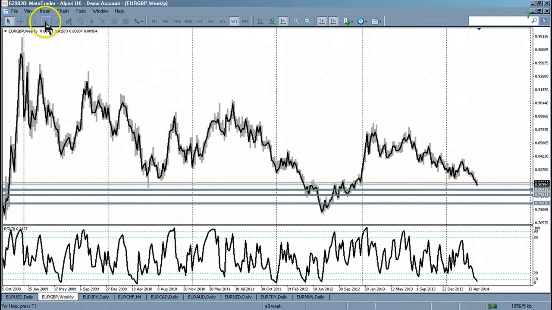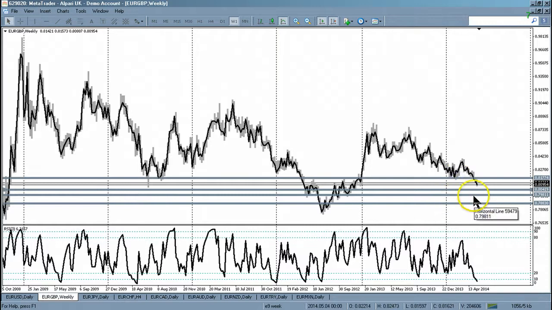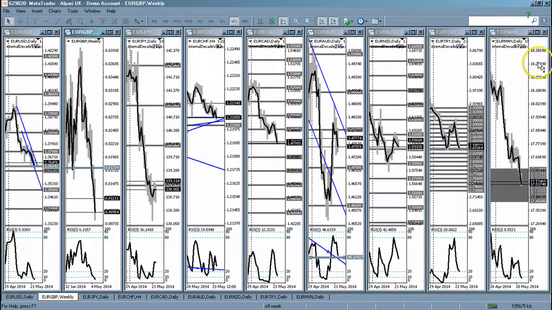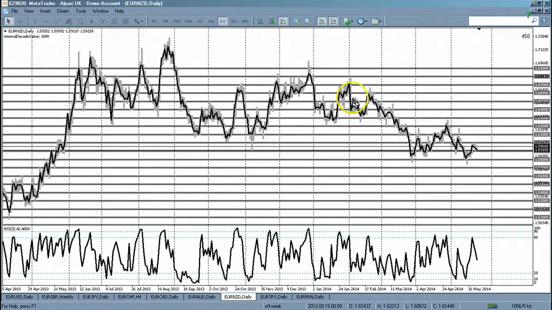But your first exit is going to be here. So you're looking to play the ricochet off when it gets caught in this trap, which is usually what happens to these markets. They get caught in a trap underneath previous support levels.